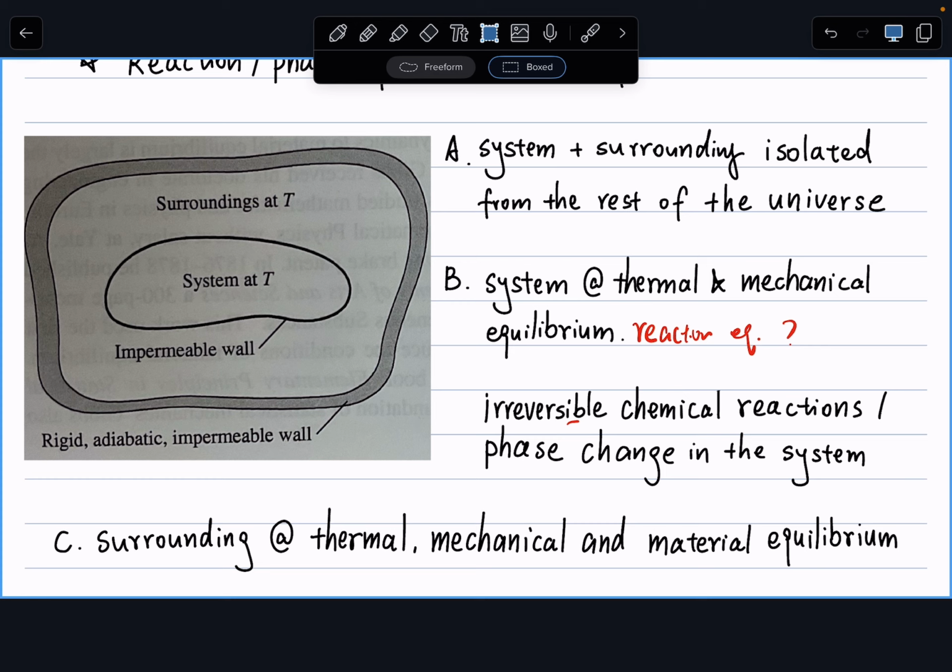So we know that this sum is larger than 0, and my dS surrounding is already at 0, so my dS system must be larger than the dQ system over temperature.